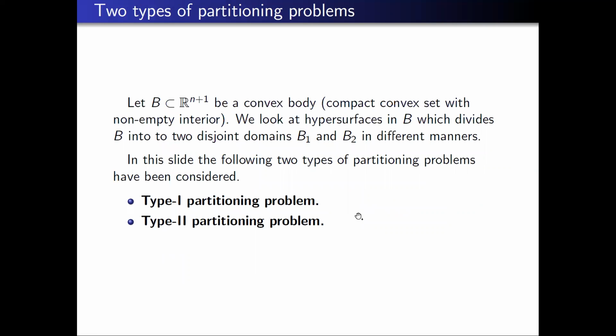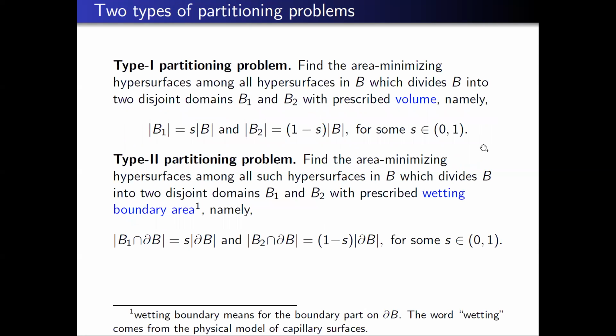Now we consider 2 types of partition problems. Let B in Euclidean space be a convex domain, and we look at hypersurfaces in this domain, which divide B into 2 disjoint domains, B1 and B2, in different manners. In these slides, we consider type 1 and type 2 partition problems. Here, type 1 partitioning problem means find the area minimizing hypersurface among all hypersurfaces in a domain B with volume fixed.